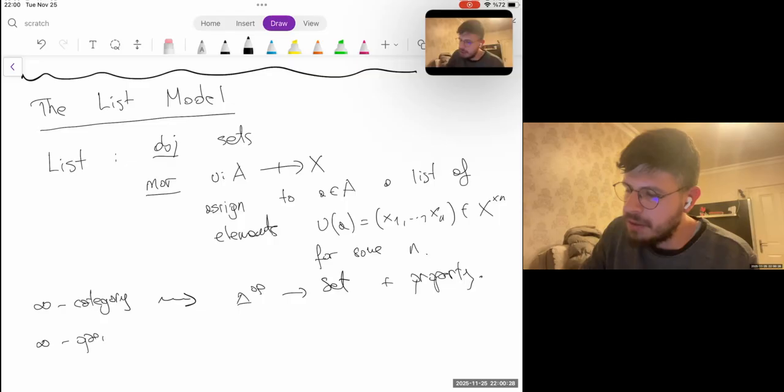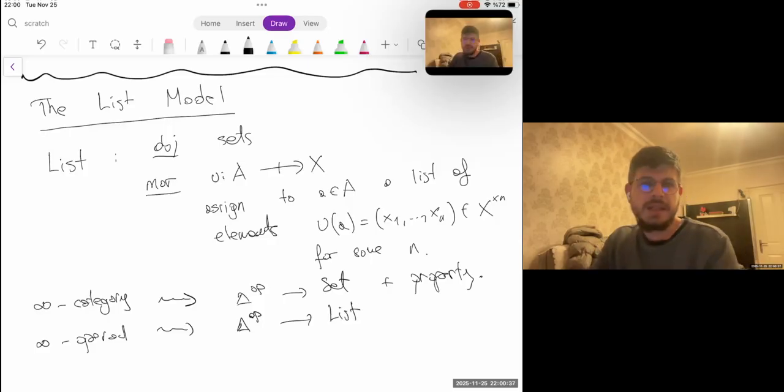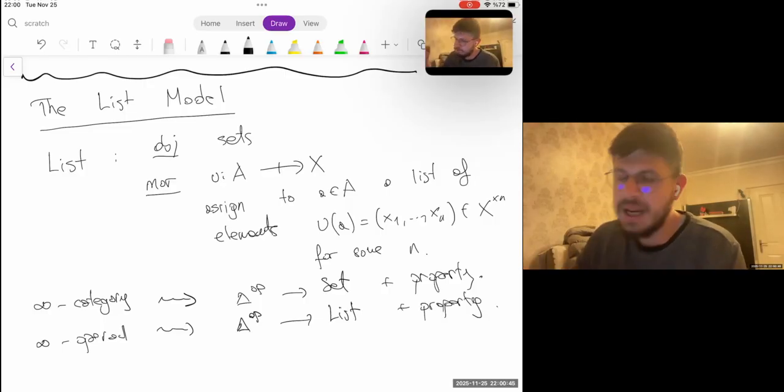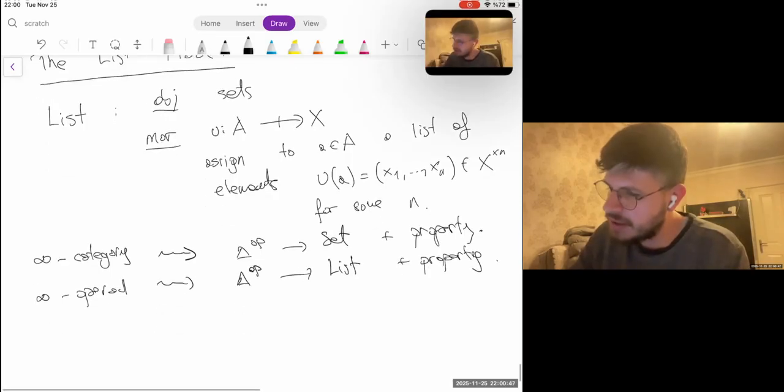And for infinity operads, you can consider delta op to this list, plus some property. And so this makes the theory fairly simple.